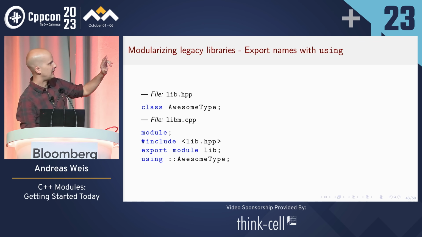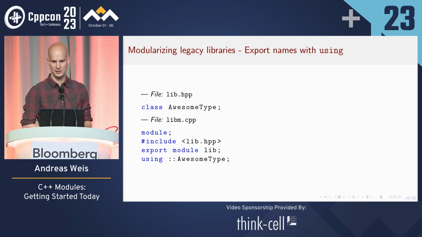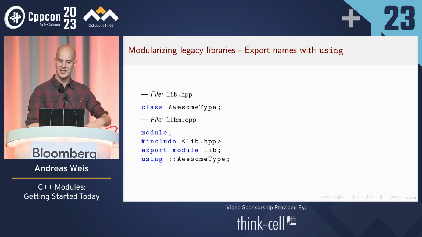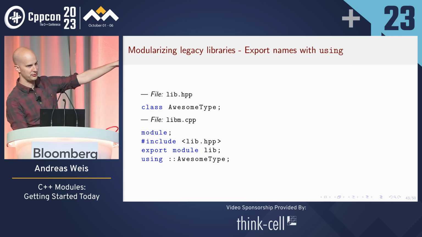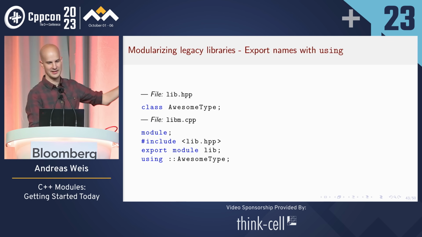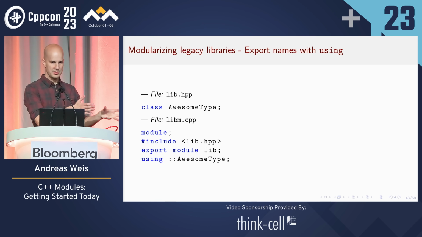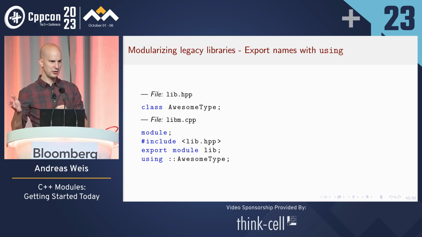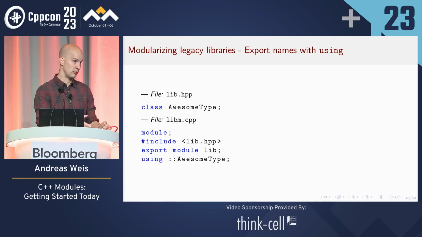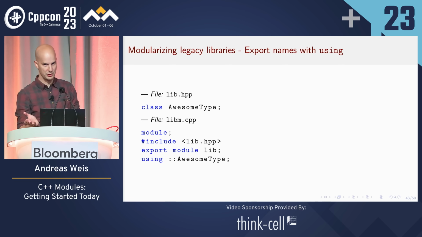And notice I have still the same typo that I wanted to fix after giving this talk last week. It actually should say export using on the last line, right? Apologies for that. So if I just say export using awesome type, that means awesome type from lib.hpp. That's the thing that I want to export. There might be other stuff in there, but some of that might not be exportable, or I don't want to export it.